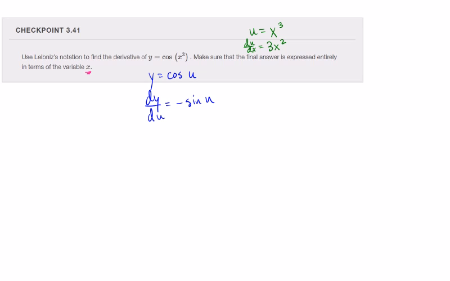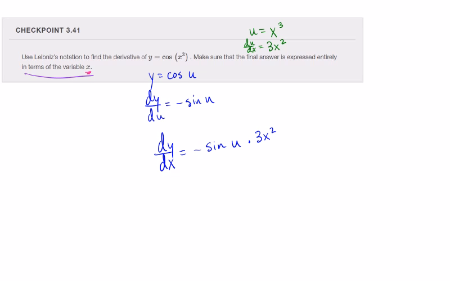So now go ahead and use those to find dy dx. All right, and if you got negative sine u times 3x squared, great job. And then now let's do the final step, and let's substitute the value for u back in so we can get it in terms of x, right?